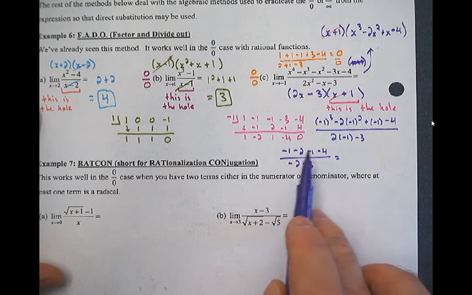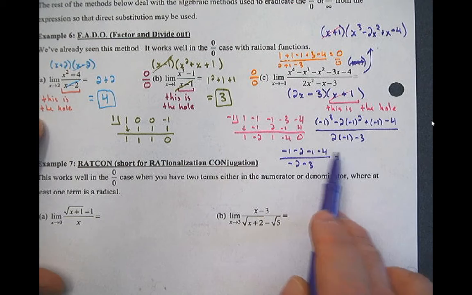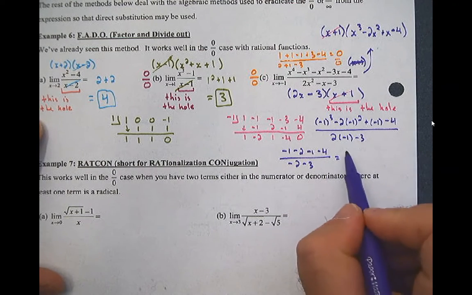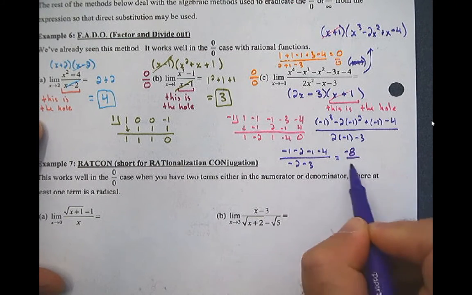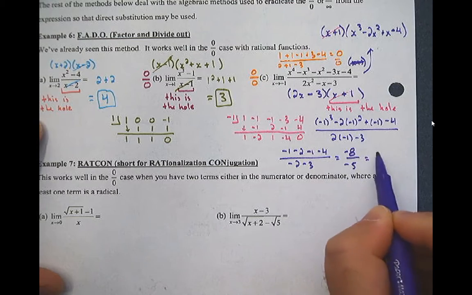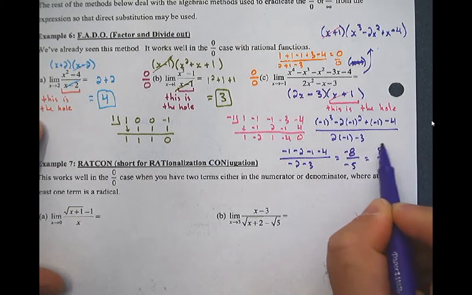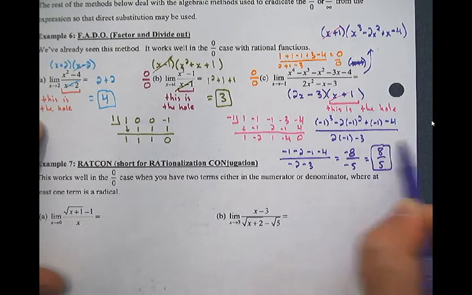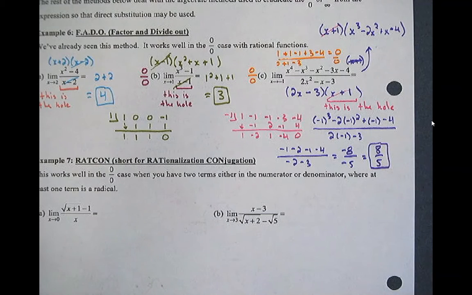Minus 2, minus 2, minus 4, minus 2, minus 8, over minus 5. Negative over a negative is a positive. We get 8/5. Woo! That's a beauty. All right, so this is it for this one. See you in a few.